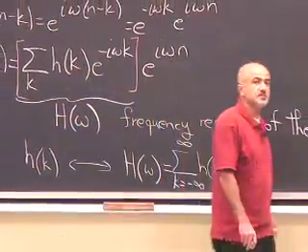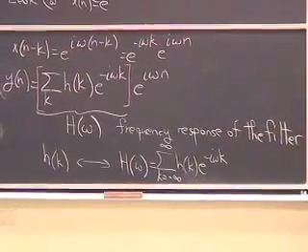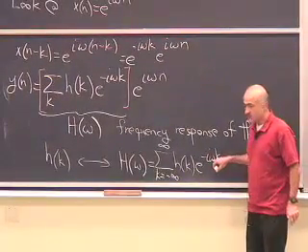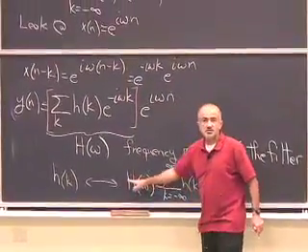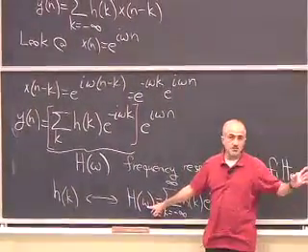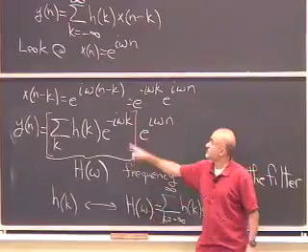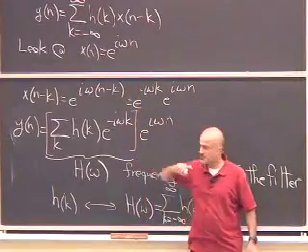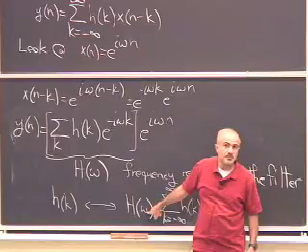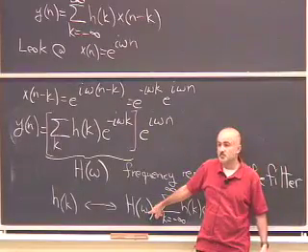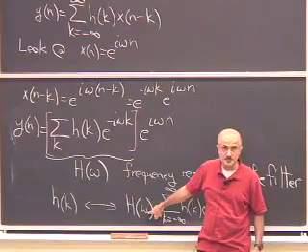And that's where the name filter comes from. For some frequencies omega in the input signal, H of omega may be 0, which means the filter kills those frequencies. For some frequencies, H of omega may be a high value, so it passes those frequencies, or it may even amplify those frequencies.